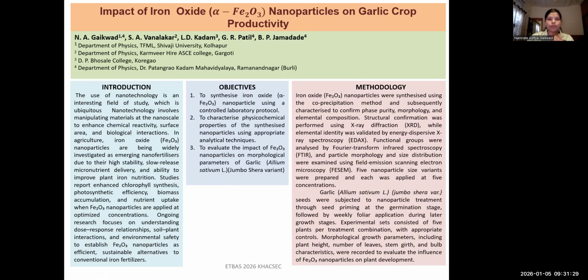I initially did seed priming of those garlic cloves in various concentrations of Fe2O3, and further, as the plants progressed over the next few weeks, I performed foliar application of the same nanoparticles.